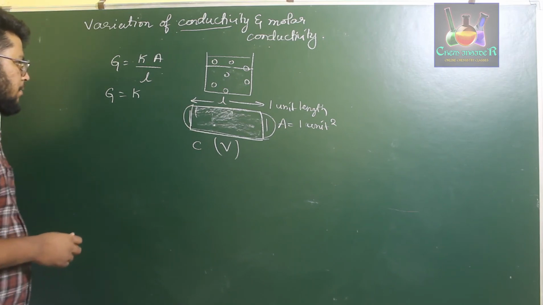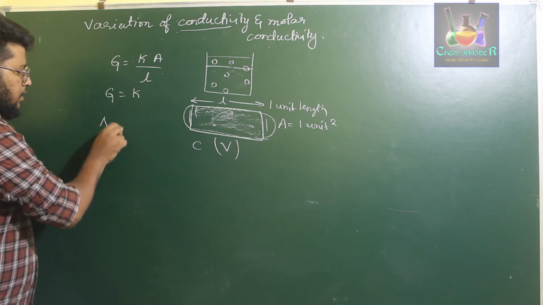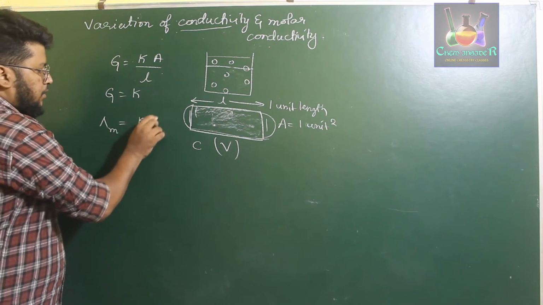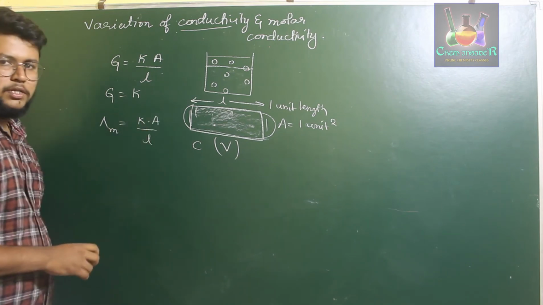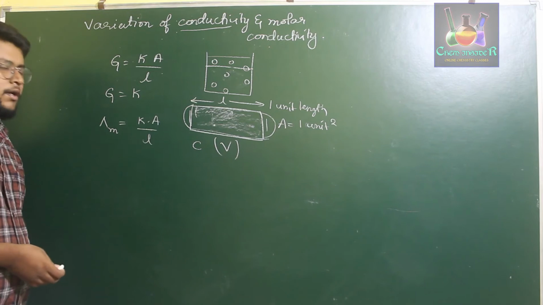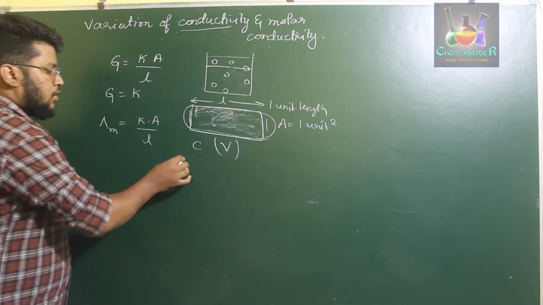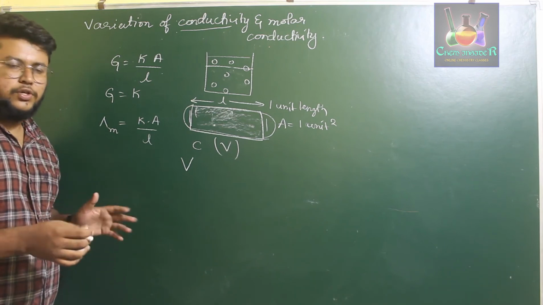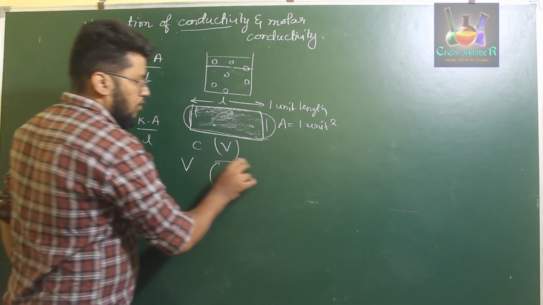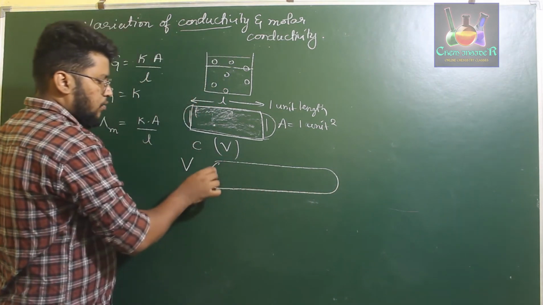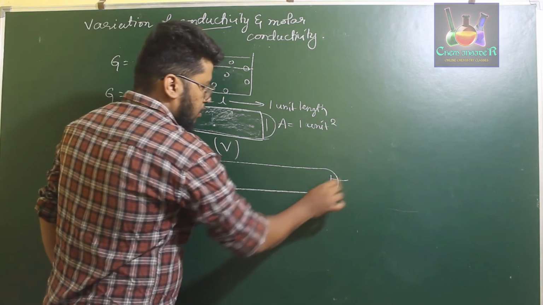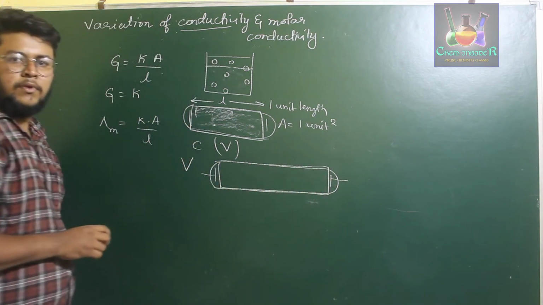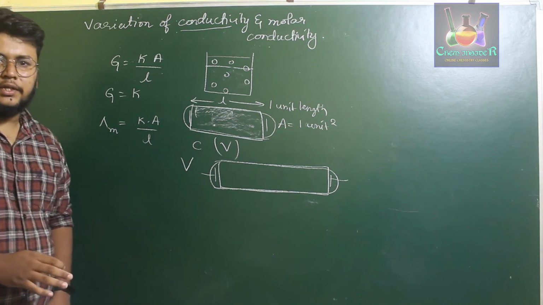When we consider lambda m, that is molar conductivity, it again depends on kappa into A divided by L. But consider a solution of volume V taken in a conductivity cell which has a big area of cross section, sufficient to increase the volume, instead of a small area, and let the length be 1 unit length itself.